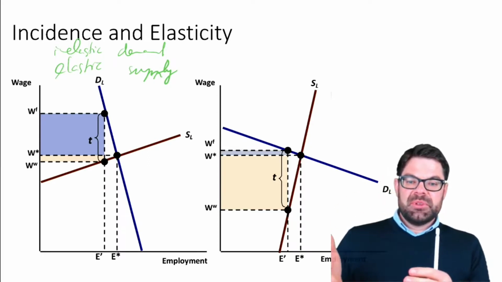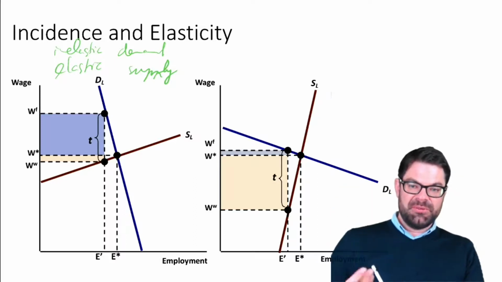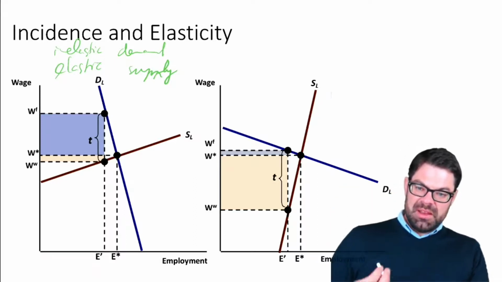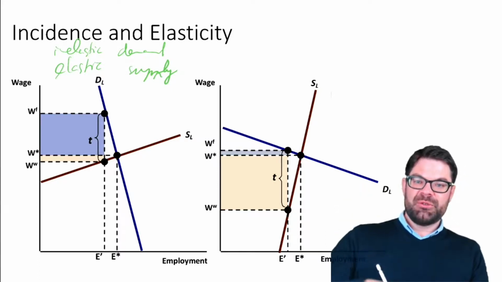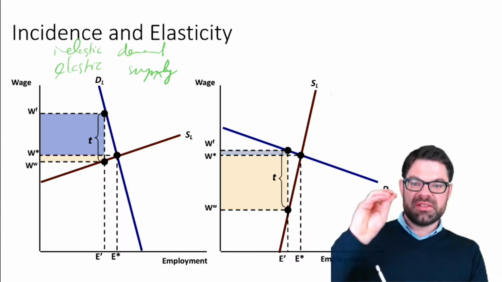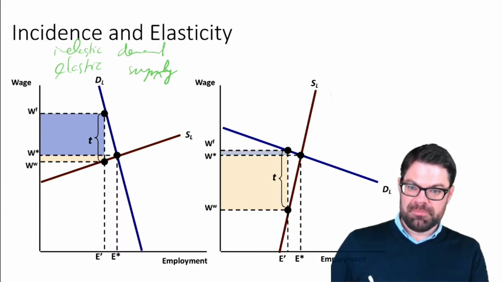So what's going to happen is the payroll tax gets levied on the firms. Because it's so easy for the workers to move away, firms can only pass on a small fraction of the payroll tax onto the workers.